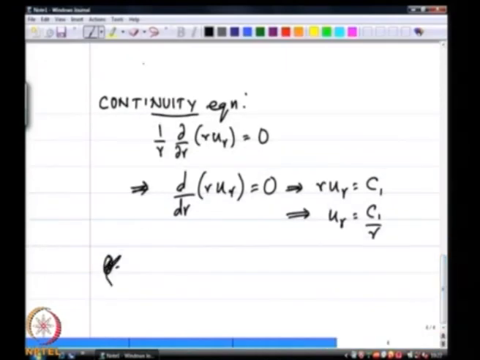Now, before I go much further, let us look at each case separately.